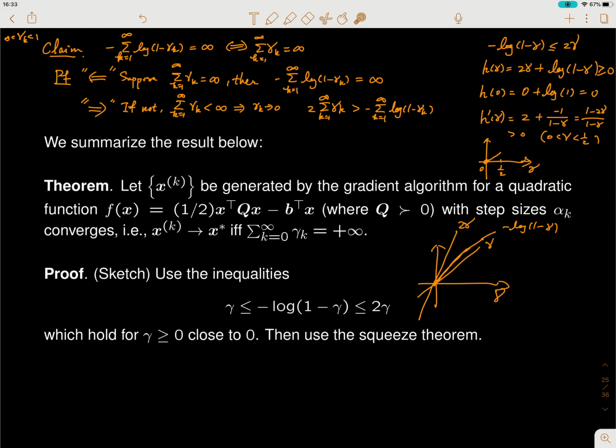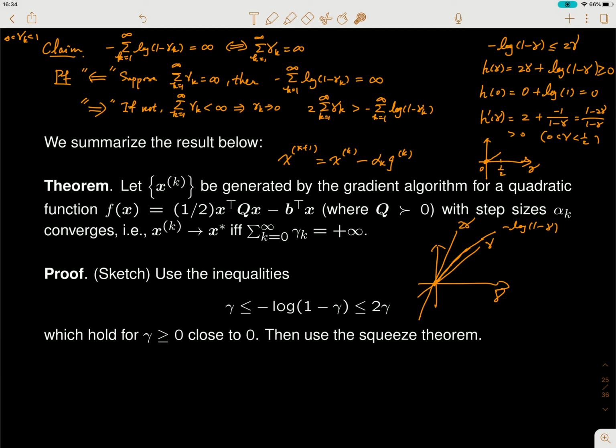The theorem says that if you have a sequence xk that's generated by gradient algorithm, it doesn't have to be the steep descent algorithm, it's just a general gradient descent algorithm, which is written as xk plus 1 equals xk minus alpha k gk. When you apply this algorithm to the quadratic function here, then the iterates we get, the xk we get, will converge to x star if and only if the sum of those gamma k's is infinity.